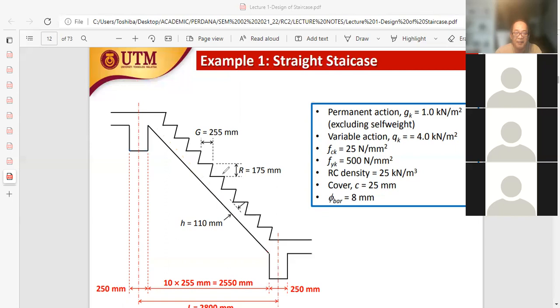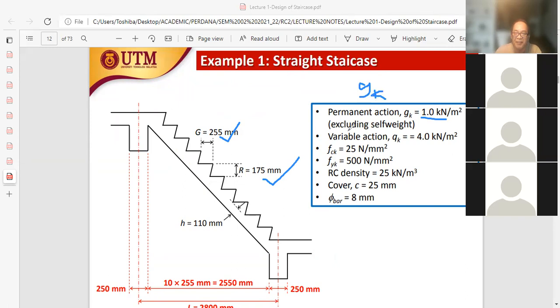Firstly, the G and R and G values are given. These two values are given. Then there is a value given here, 1.0, pertaining to permanent action. So this would relate to our GK.